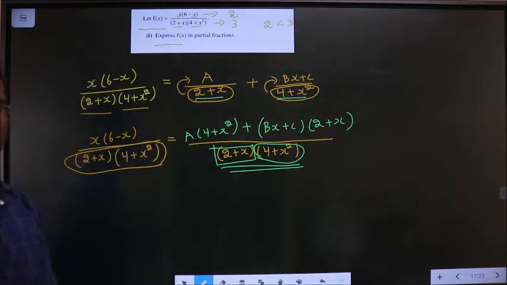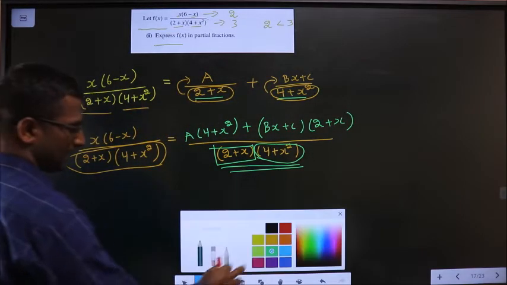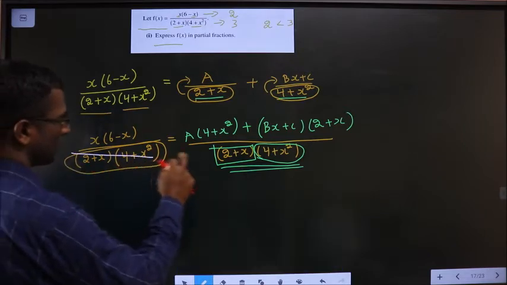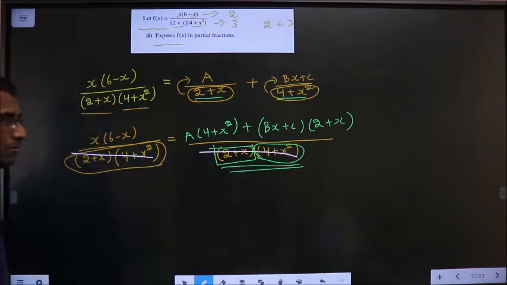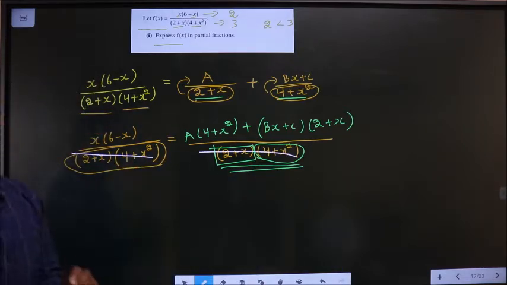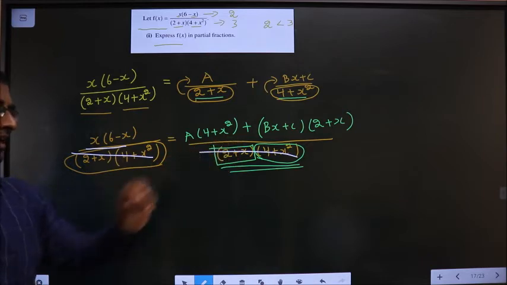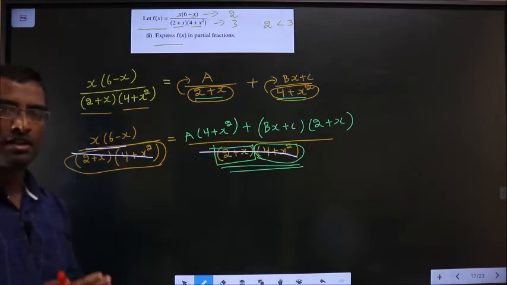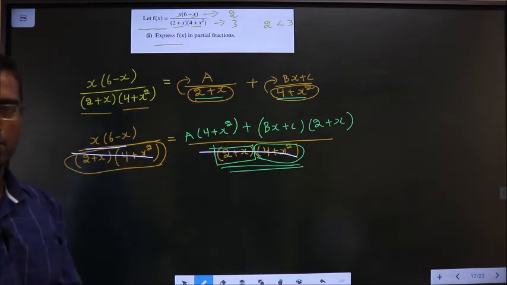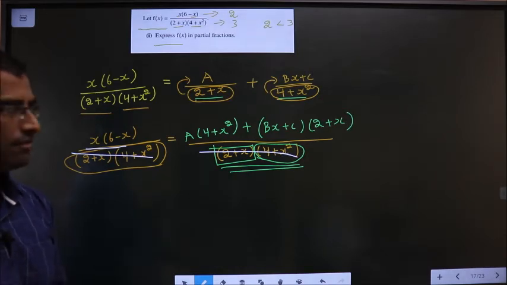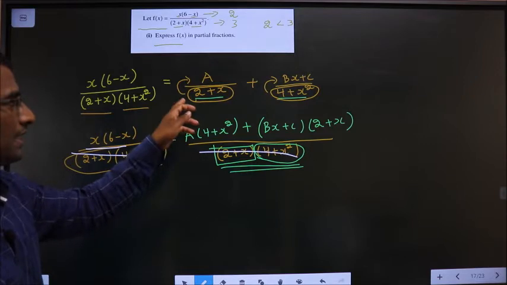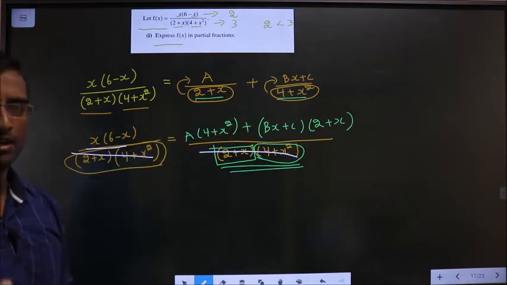Okay. Next step is cancel out the denominators on both sides. Now you are left with this numerator equal to this entire numerator. Now you should take different values of x, or by comparing coefficients, you should find the values of a, b and c and replace in this. That will be your final answer.